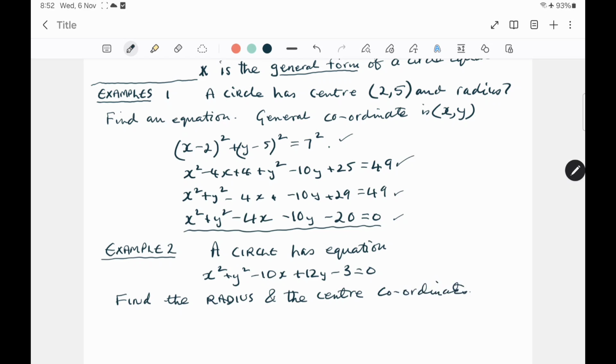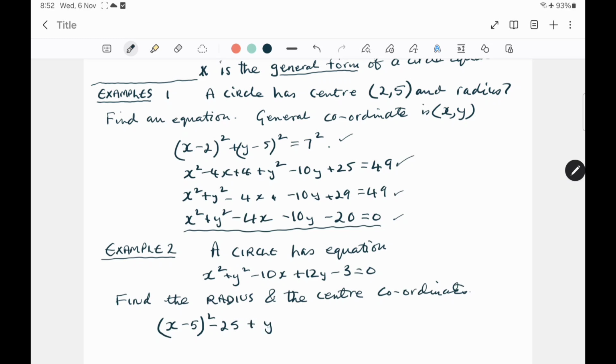So what we have to do, we have to go back to algebra and complete the square on the x terms and the y terms. And what we will then get is (x minus 5) squared. You have to pay back 25.